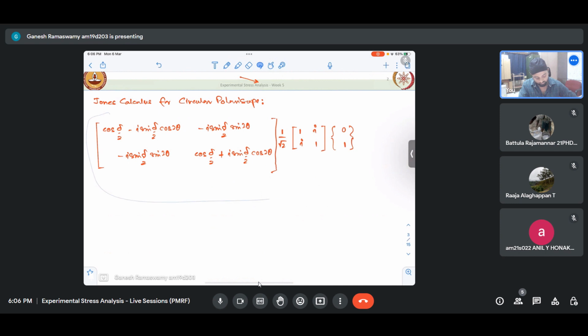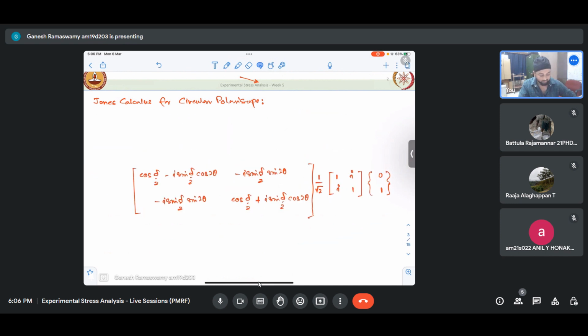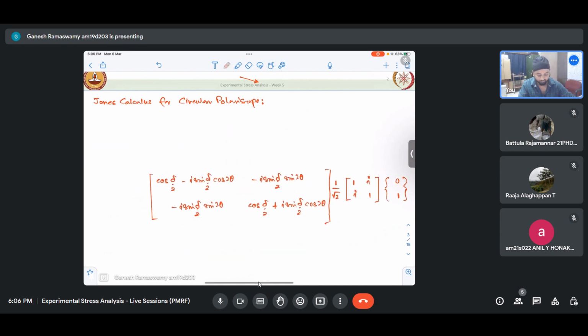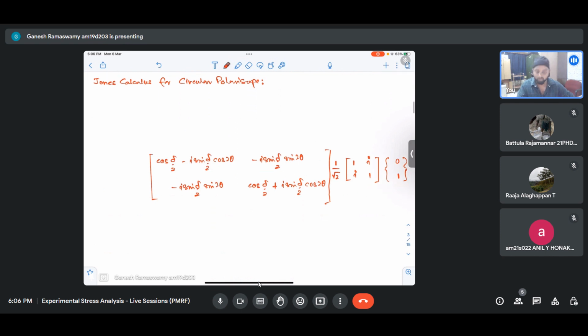So this entire thing has accounted for the polarizer, the first quarter wave plate, and the model. And then we have our second quarter wave plate. Let us say it is at 45, so it will be minus I 1. And then whatever be the input light, before impinging on the analyzer, we have the light vector in place.